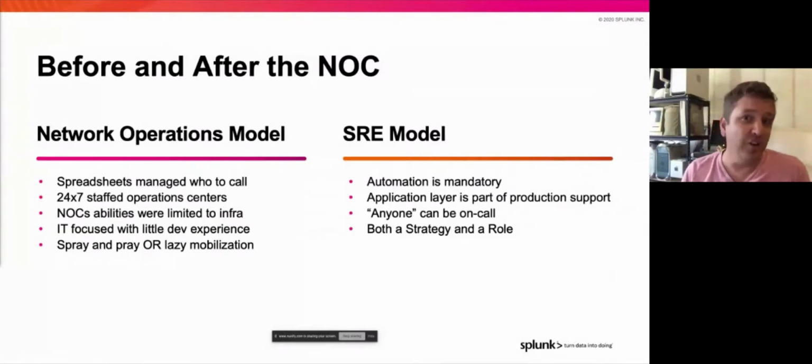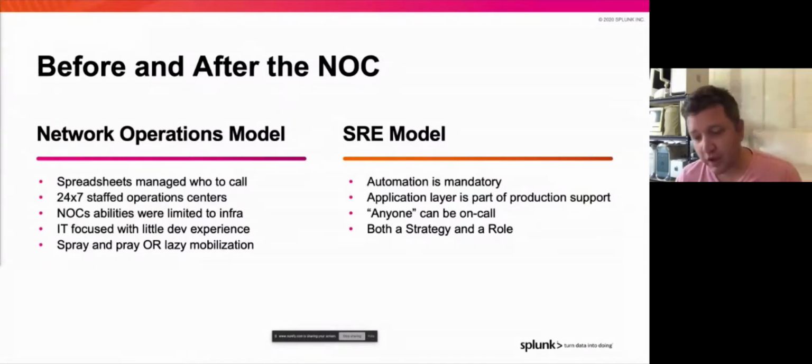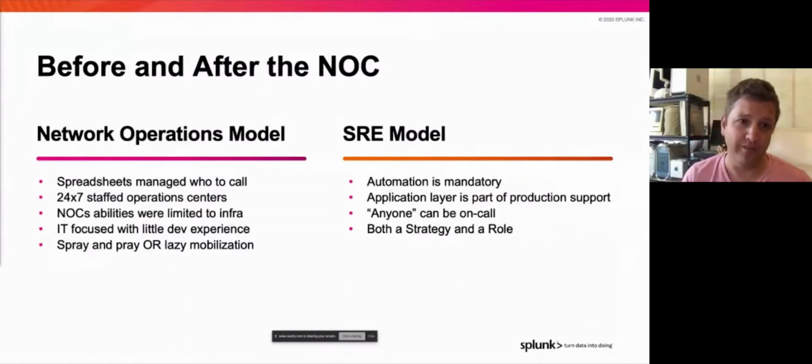They had little dev experience or connection to the development team. And when something broke, they typically leveraged one of two strategies. The first strategy is spray and pray. That's where something breaks, you blast the entire organization, and you hope that somebody picks it up, acknowledges it, and goes to address the issue.